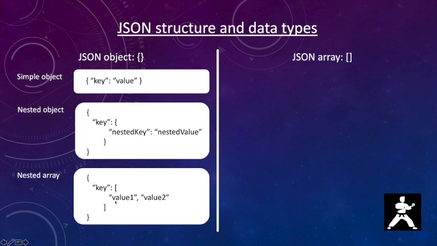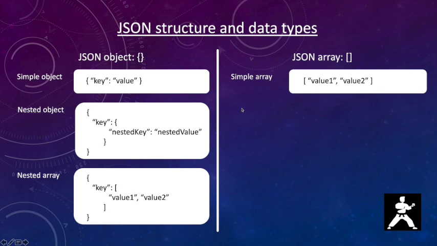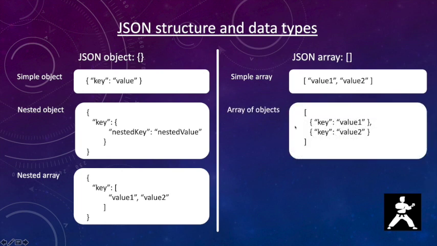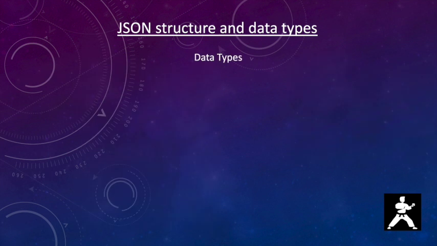So we have value 1 and value 2. For a JSON array, there are just two simple structures. It's either a simple array, where you have value 1, value 2 separated by a comma, or an array of objects, each also separated by a comma. Also, the objects usually have the same format.